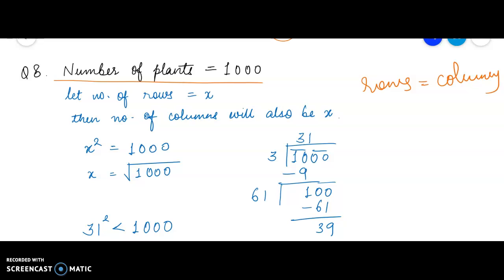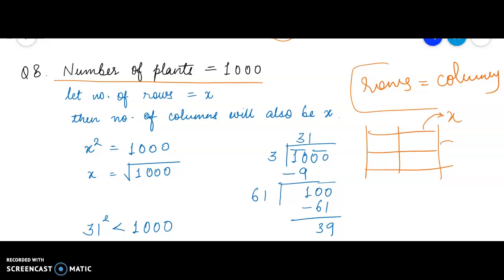So I am assuming that since he wants, what does this mean? If he is planting 2 rows, that means he is also planting 2 columns. If say he's planting 3 rows, that means he's planting 3 columns. Also the same number of rows and the same number of columns. So I am assuming that the number of rows is x.